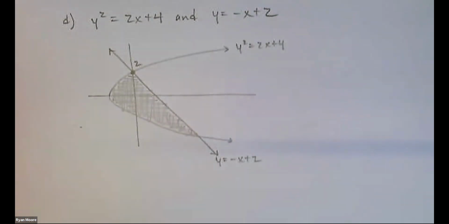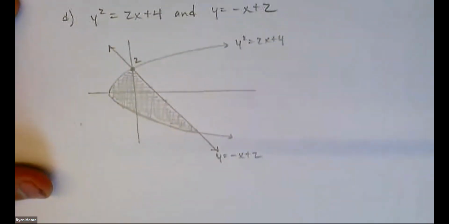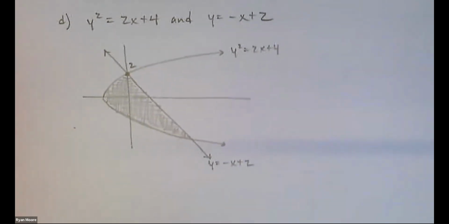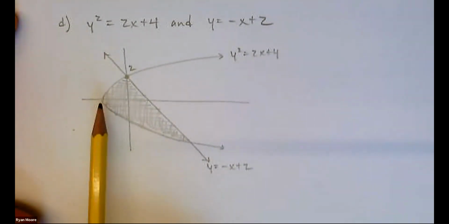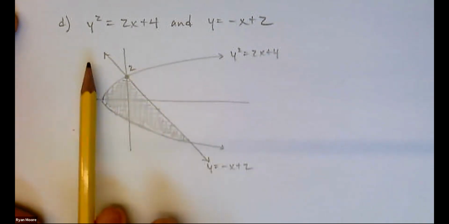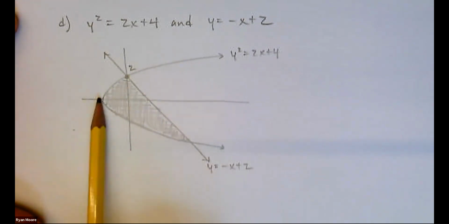Okay. When we're looking at an area like this, notice that we cannot do it in the way that we've done the other ones. We cannot think, hey, where's the starting point on the left and where's the ending point on the right? Why is that?